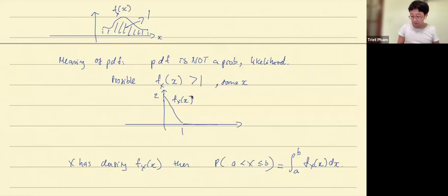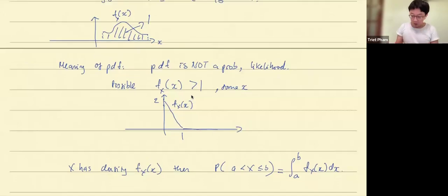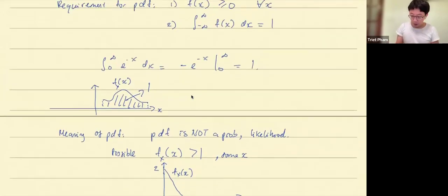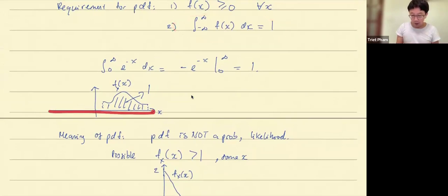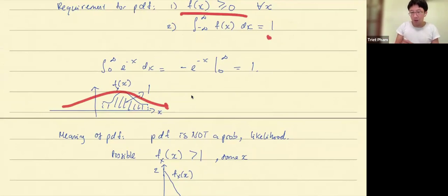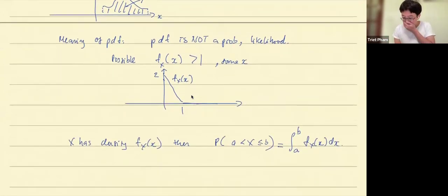And that also explains why the total area must be 1, because that's the total mass, which is the probability that you take on any values from minus infinity to infinity. So that's 1. And density cannot be negative. Any questions so far?